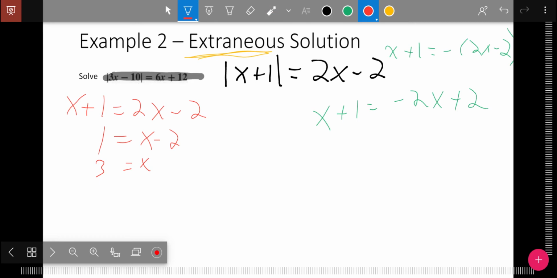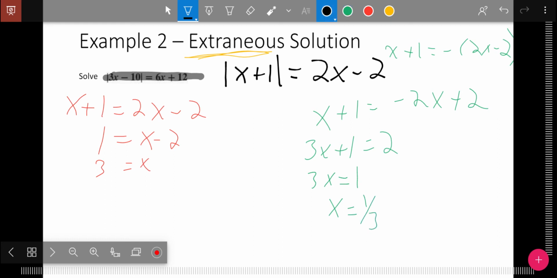On the right side, I have to add 2x over. Move the smaller x, negative 2 is smaller, so I add 2x over. So I get 3x plus 1 equals 2. Now I want to minus the 1 over, so I get 3x equals 1. Divide by 3 on both sides. I get x equals 1/3.